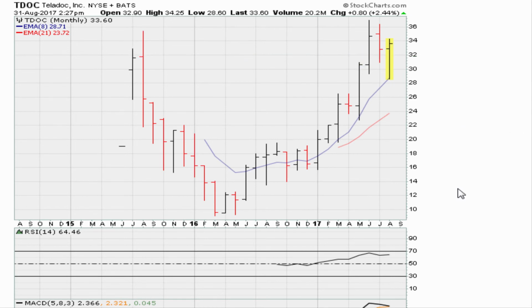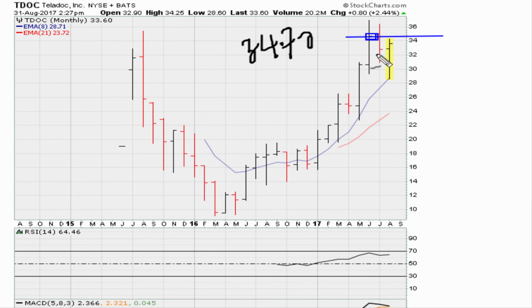Now, since the stock has made a recent pullback of this closing high, the next potential breakout, let's say if you're following this stock, is the current all-time monthly closing high right there, and that level happens to be at 34.70.